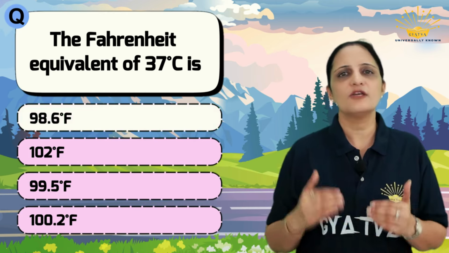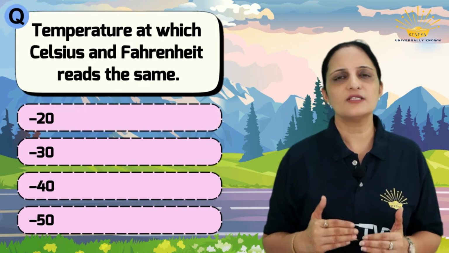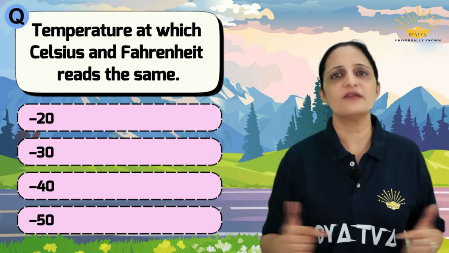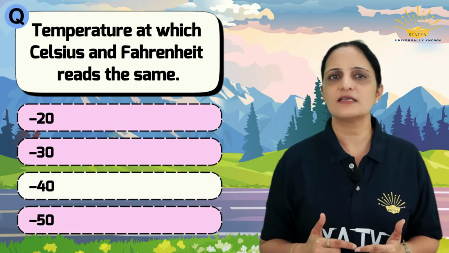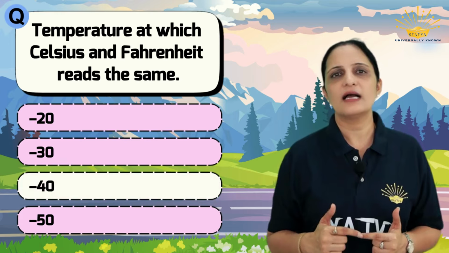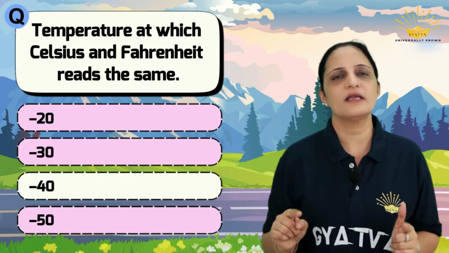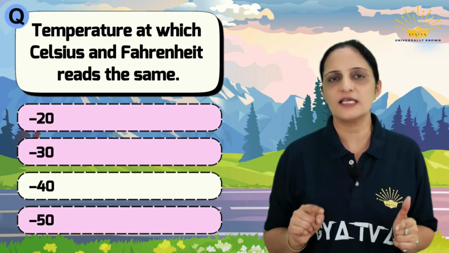That is your human body temperature. Question number 14. Temperature at which Celsius and Fahrenheit read the same. This answer is minus 40. At minus 40 degrees, Celsius and Fahrenheit will give us the same reading. So the correct option is C.